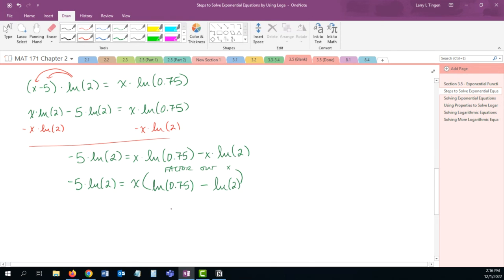That's great news. Excellent news. That sounds like it's a dad joke, and I didn't even mean to. I want x totally by itself. It's currently being multiplied by the natural log of 0.75 minus the natural log of 2. Well, if it's being multiplied by that, then I'll just divide both sides by that. And that will leave me x by itself.